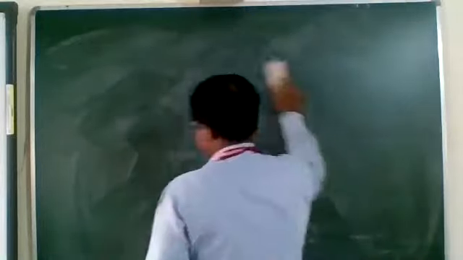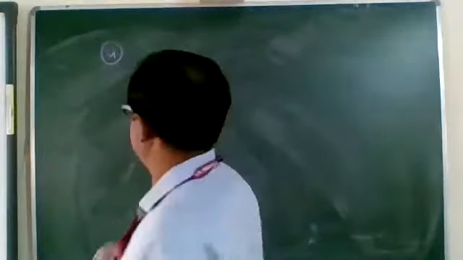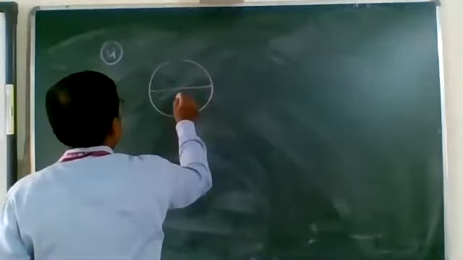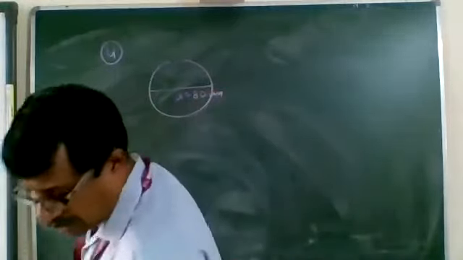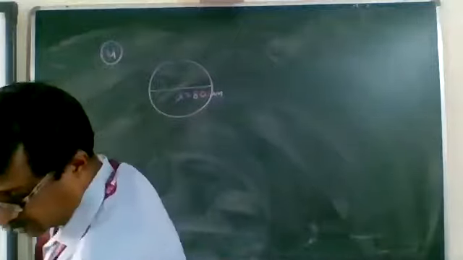The fourth question, if I read, the wheels of a car are of diameter 80 centimeter each. You have a car whose wheels are 80 centimeter in length. Diameter is 80 centimeter length.